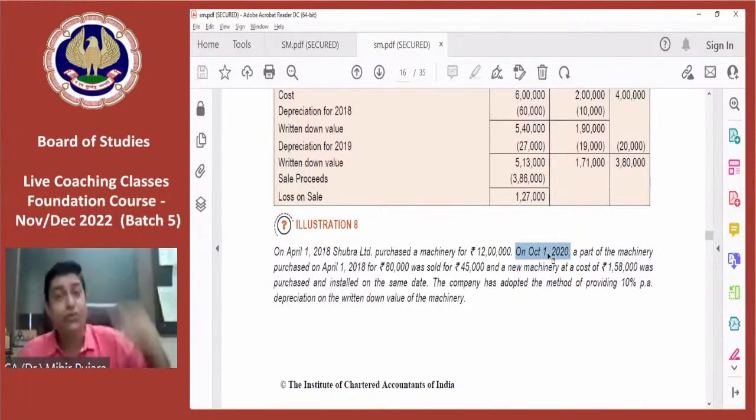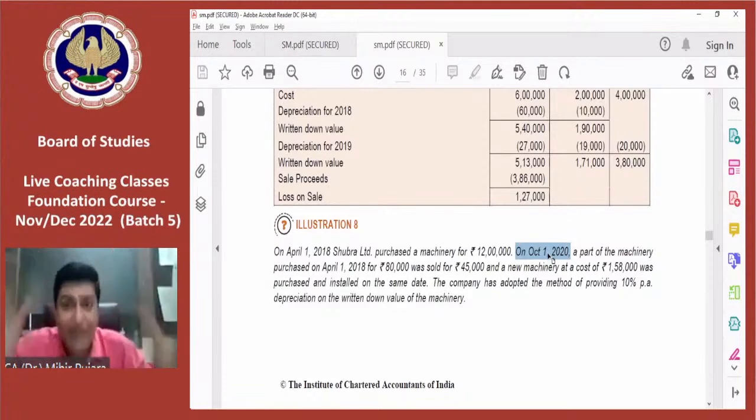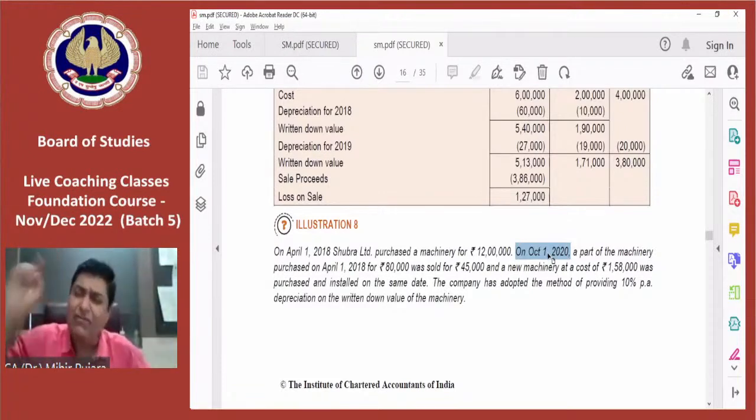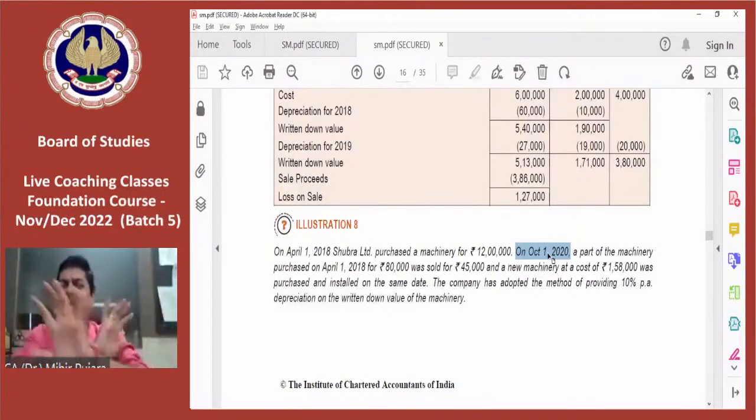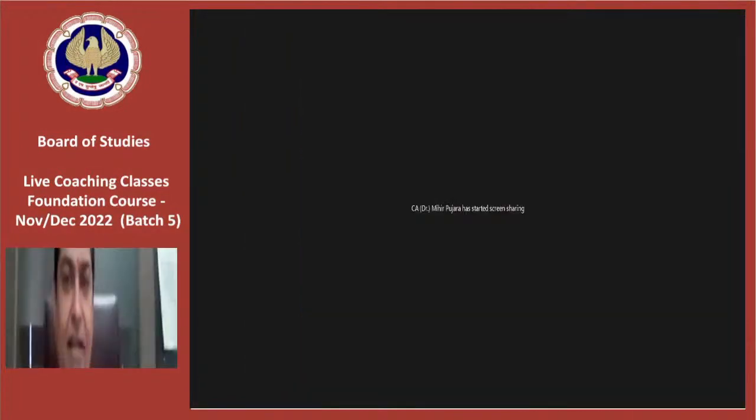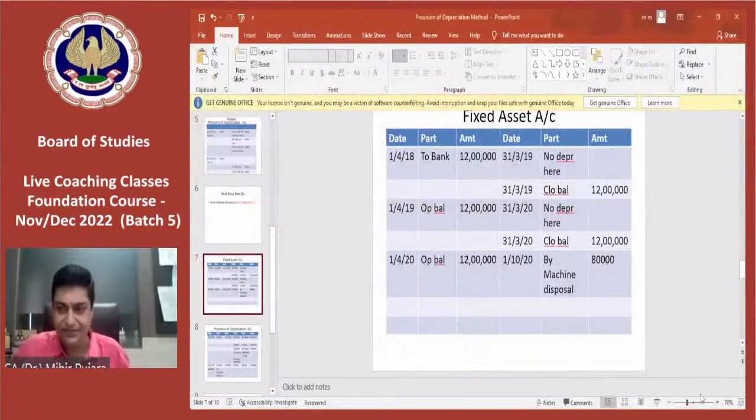So from 1/4/18 to 1st October 20, the asset account will remain the same as 12 lakh, like this, friend.